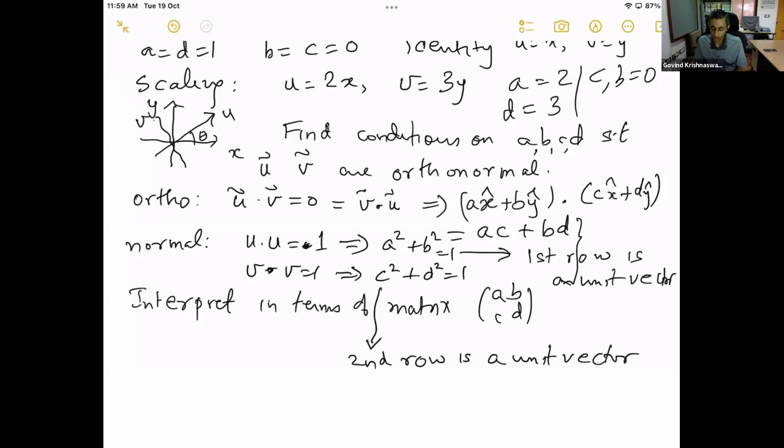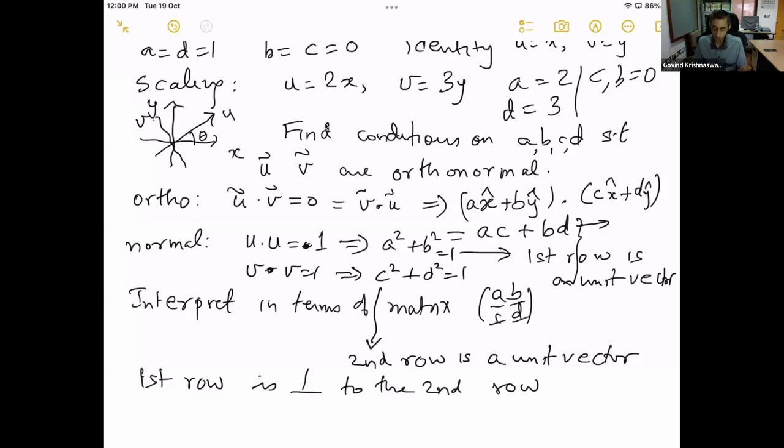And finally, the dot product being 0, that is u dot v being 0, says that the first row, regarded as a vector, is perpendicular to the second row. That is a dot c plus b dot d equal to 0. So that is the statement. The first row is orthogonal to the second row.